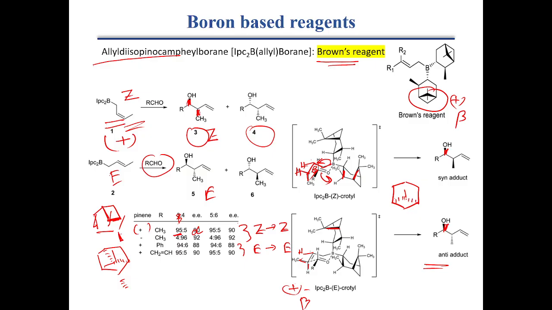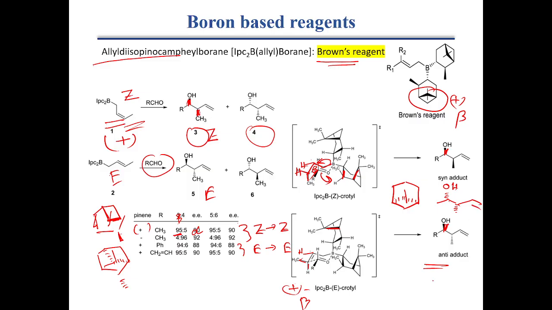pinene, in these cases, as the alpha face is blocked, the electrophile or aldehyde attack has to happen from the beta face, and then the alcohol will go to the alpha face. So in these cases, if we use alpha, then we will get the alpha alcohol. If we use syn, then we will get the syn product.